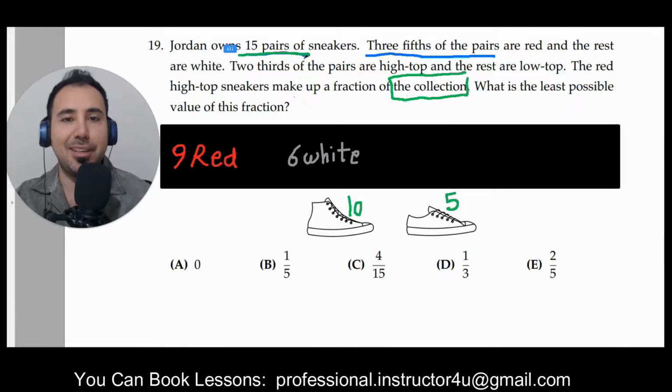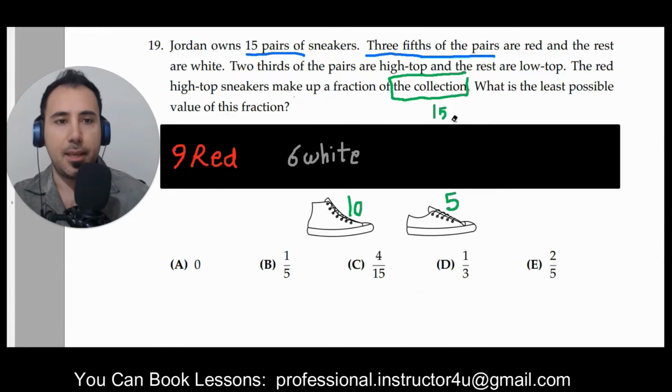Okay, this is more of an English question, so you have to really understand the meaning of the question. So here it means 15. So that means from all these 15, how many of them are high top sneakers? And what does it want? What is the least possible value of this fraction?